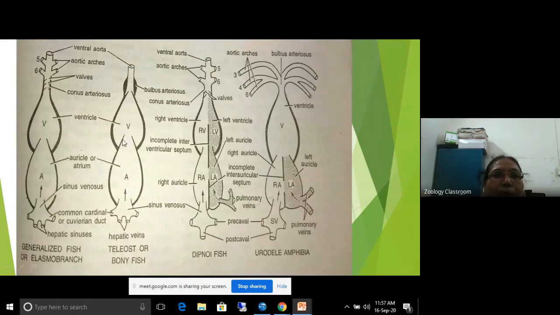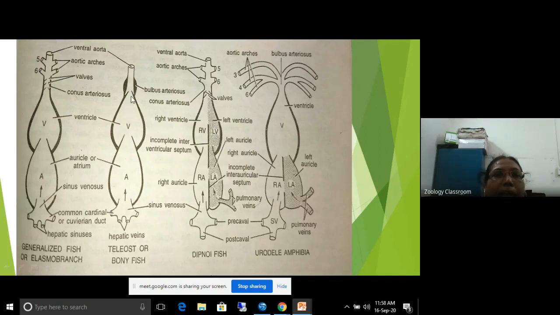Here also the ventricle is thick in nature, and there is no partition between them: a single auricle and a single ventricle. Then this is the semilunar valve. In dogfish there are 3 pairs of semilunar valves, but in bony fishes or teleost there is a single semilunar valve.